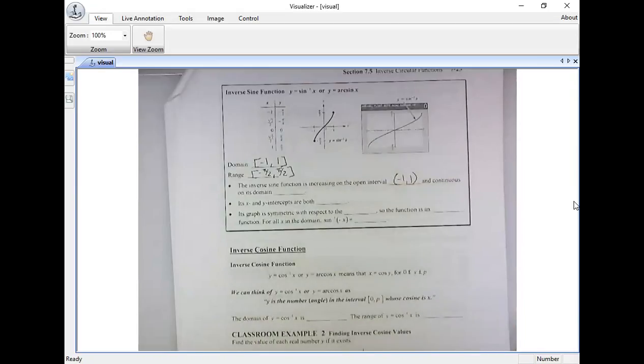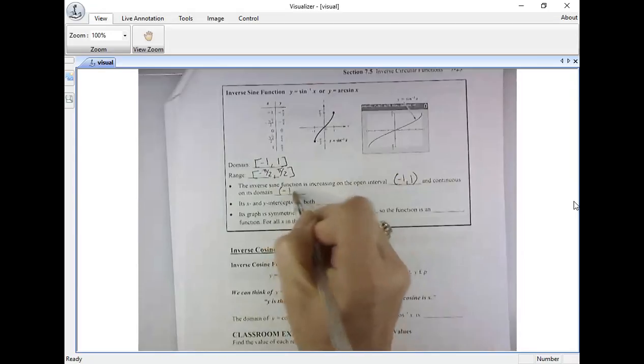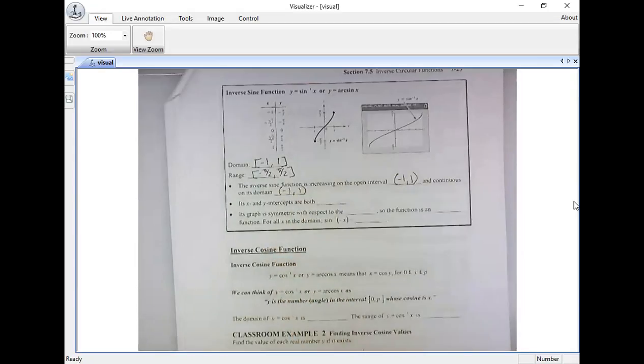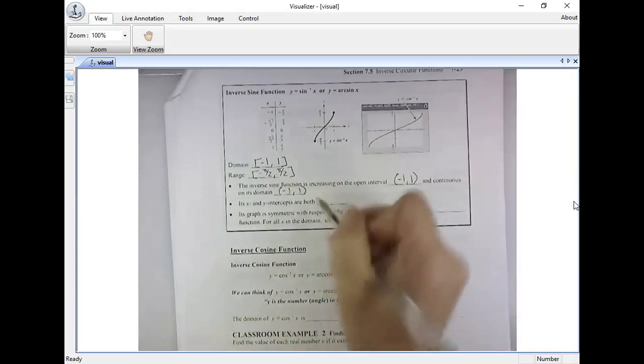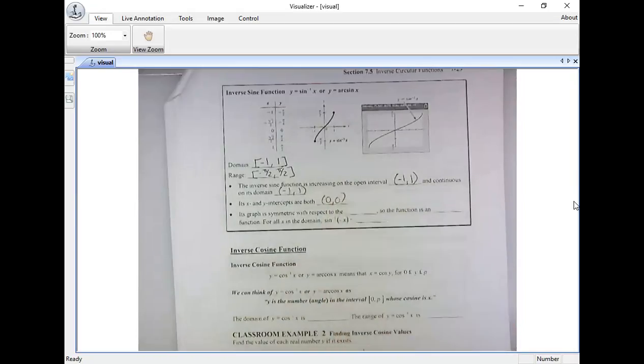And would it be continuous everywhere? Yes, we don't have any holes, we don't have any gaps, starts, stops. So -1 to +1. What would be the x and y intercept? Where's the only place it's going to cross either axis? 0, 0, the origin.